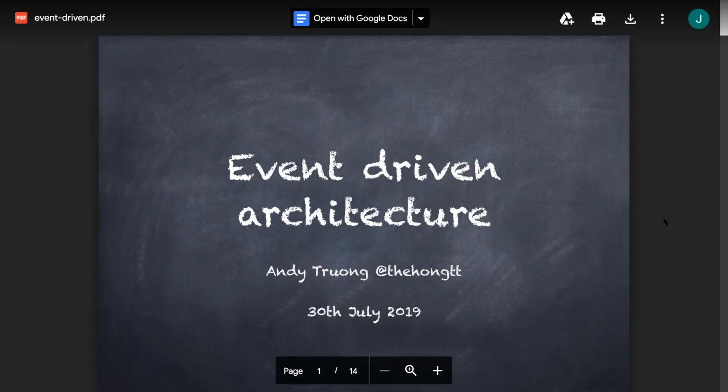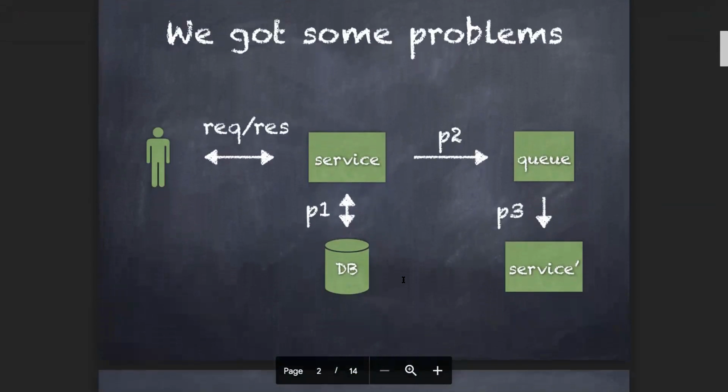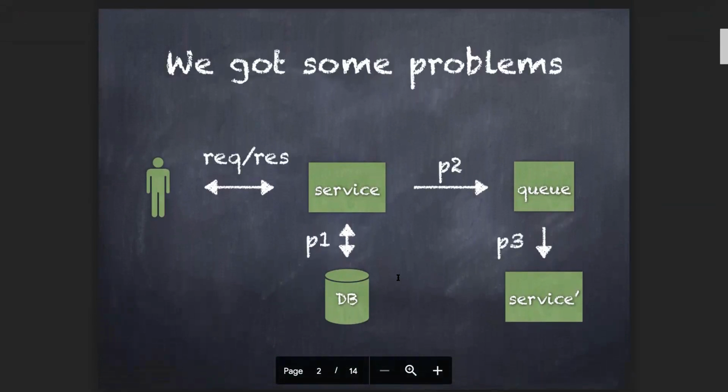Okay, let me go back to the system we are building. This is a very traditional pattern we are using these days. Client sends a request to a microservice, and then the service reads the database or writes data into the database.